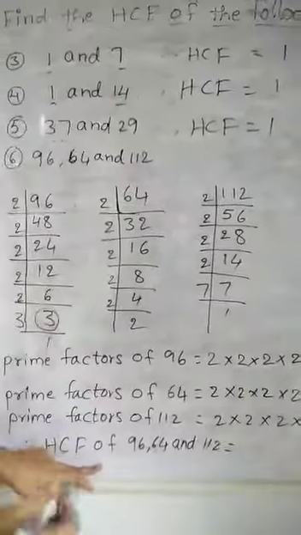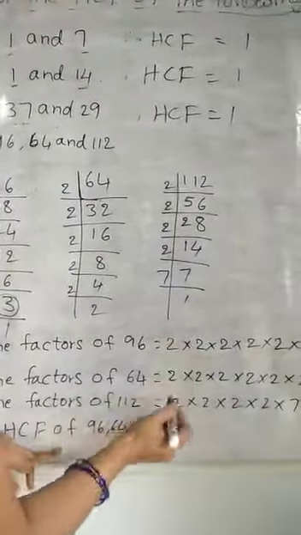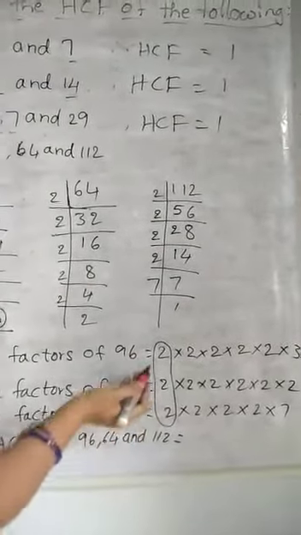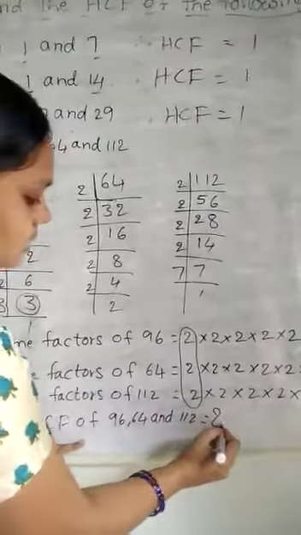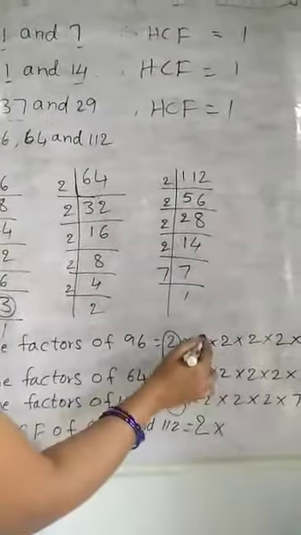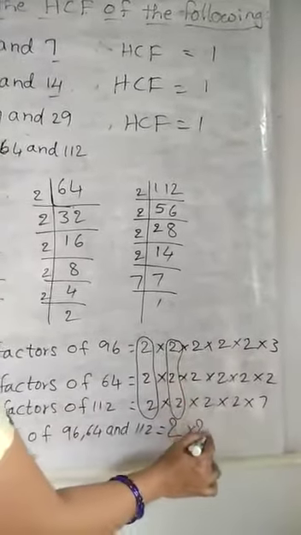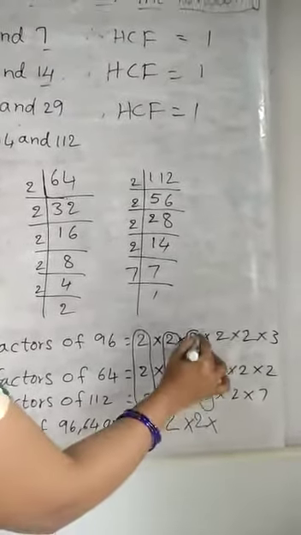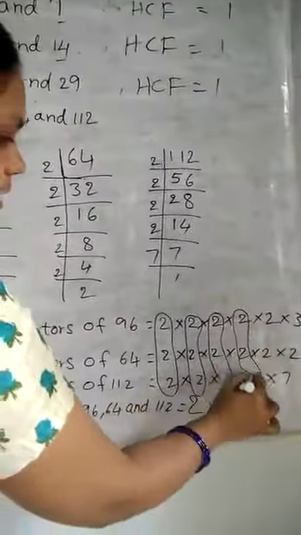So what is the HCF? Highest common factor. See which factors are common for us. Out of these three, 2 is here, here and here. So the highest common factor is 2 into, here also 2 into, and here also 2 is common.